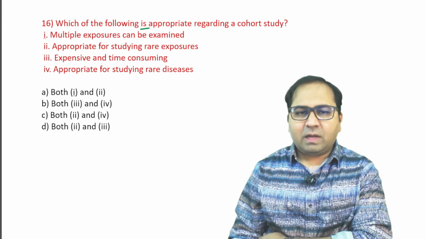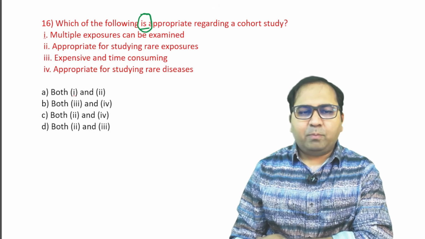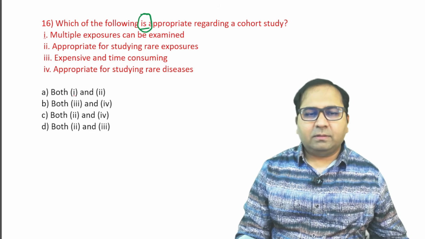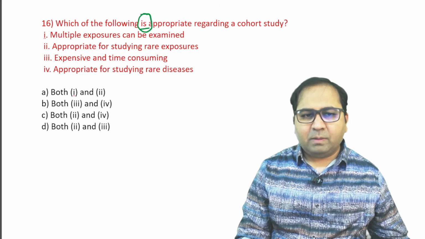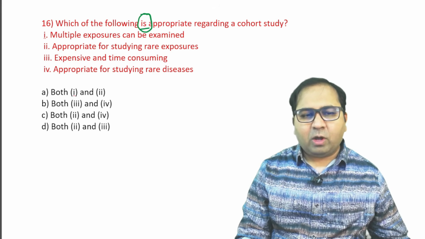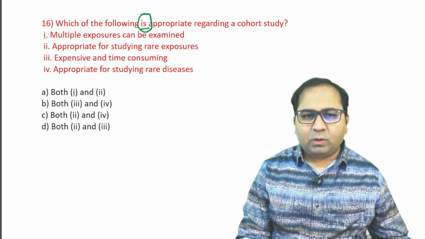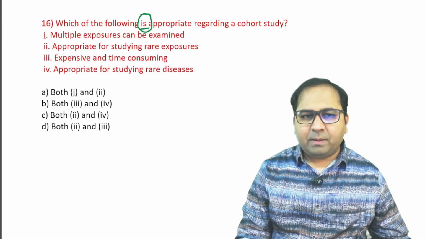The options are: A, both 1 and 2 are correct; B, both statements 3 and 4 are correct; C, statements 2 and 4 are correct; or D, statements 2 and 3 are correct.